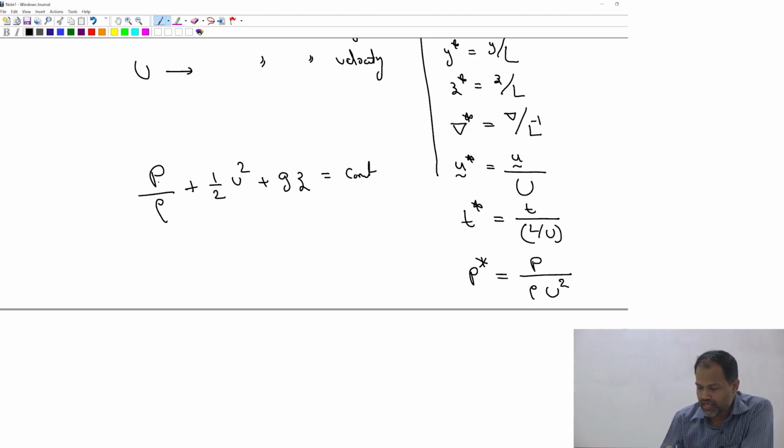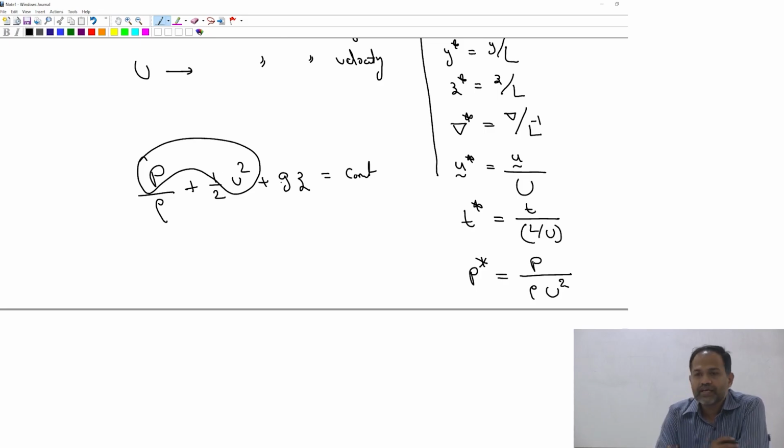So P would be like rho u square, or P could be like rho g z if hydrostatic pressure was more important. By selecting P like rho U square, we are saying that in the problem it's likely that my pressure will act like rho U square. That's the only reason we have selected it.